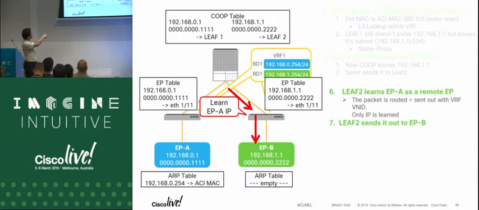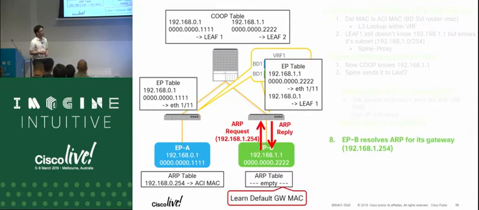Then leaf 2 will check the inner header, and then check leaf 2's endpoint table, this one. The destination is 1.1, which is there, so leaf 2 can send the traffic down to that endpoint. Then endpoint B will try to reply, but endpoint B still didn't have the ARP entry for the default gateway yet.